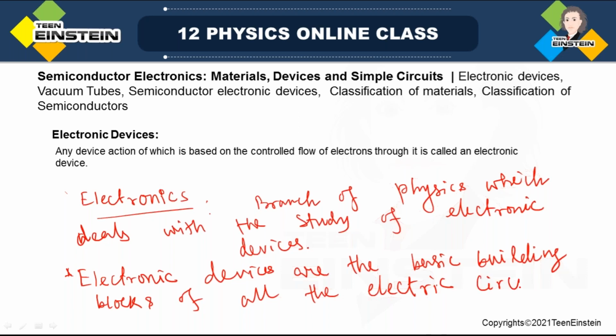There are many things you need to make a circuit, right? So all those things are called devices.